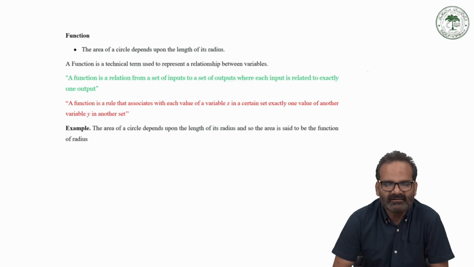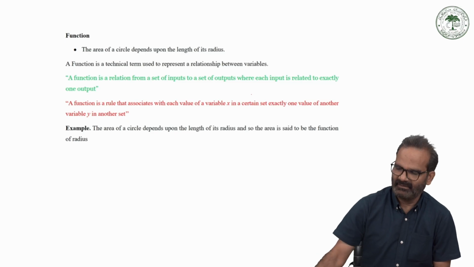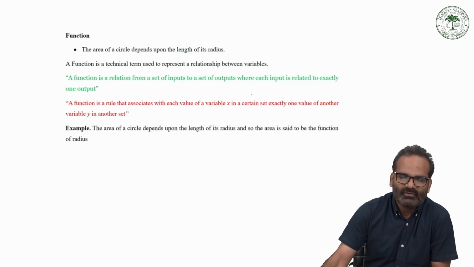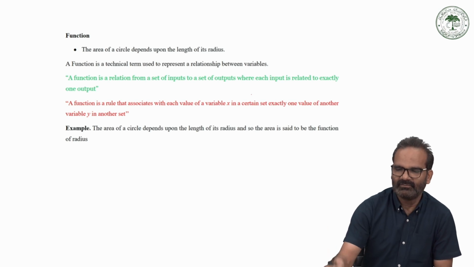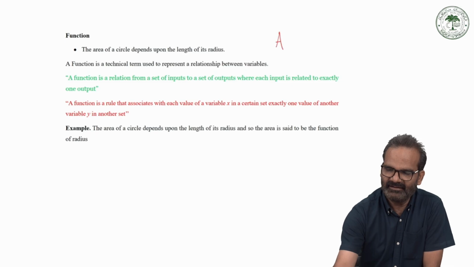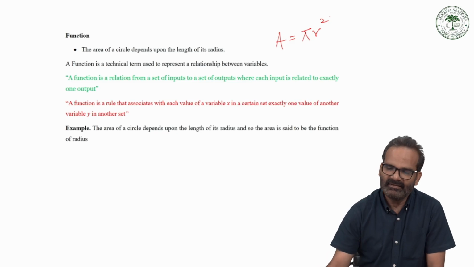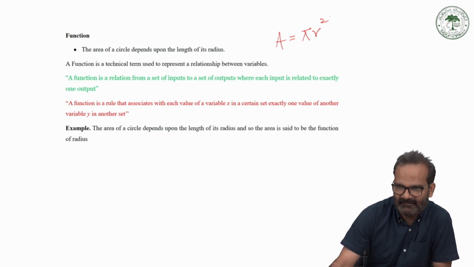To understand the function very clearly, first let us take an example. We all know that the area of a circle depends upon the length of the radius. If you recall from your early classes, area A is calculated by pi r square, where A is the area of the circle and r is its radius.